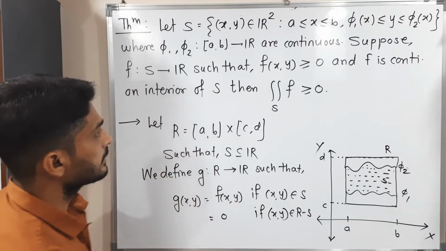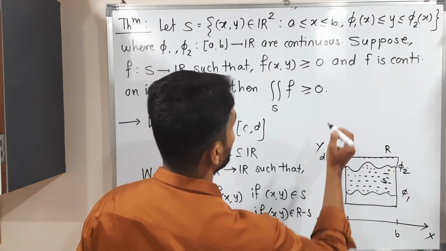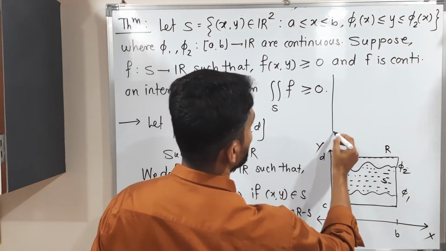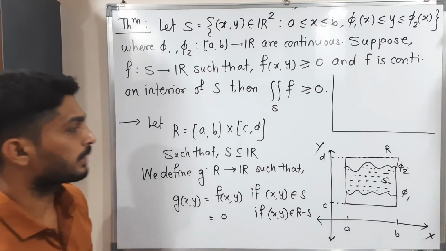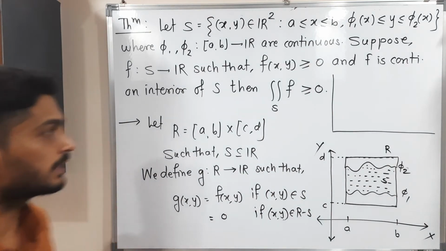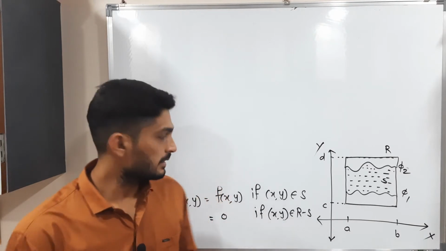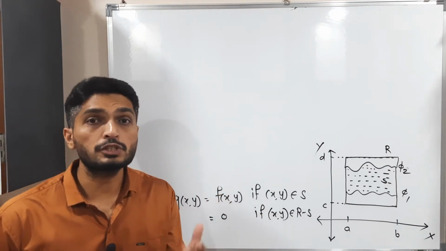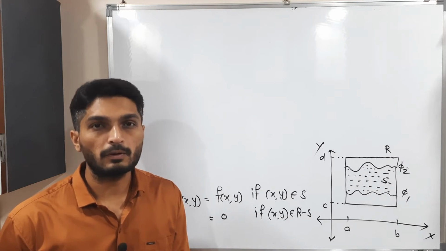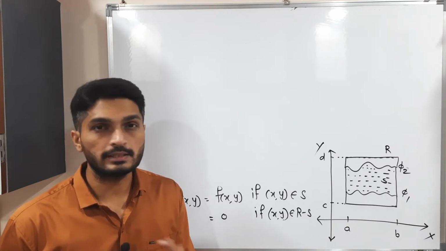Now what will we do? There is not much space to write, so it is better to take a screenshot of it, then we will go further. Here G is nothing but an extension of f. Both of them are the same on S, but if you go outside S, it is 0.